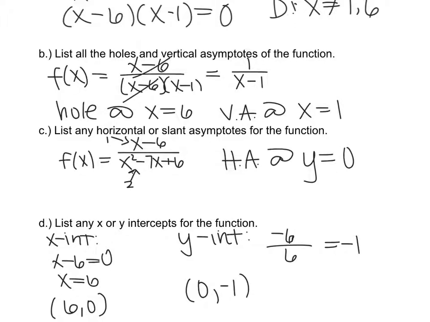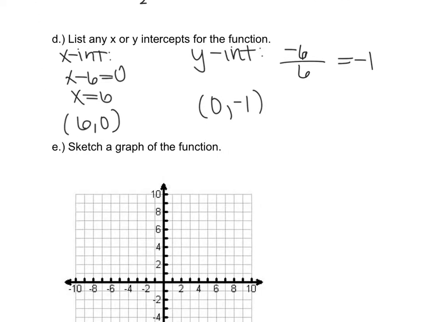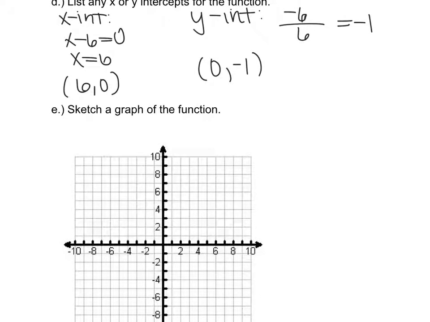Now we want to use all of this information to sketch a graph of our function. So we're going to start with our horizontal asymptote and our vertical asymptote. So our horizontal is the equation y equals 0, which is our x-axis. And our vertical asymptote is x equals 1.